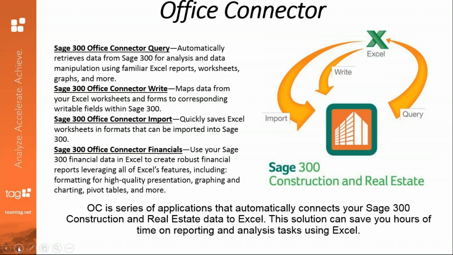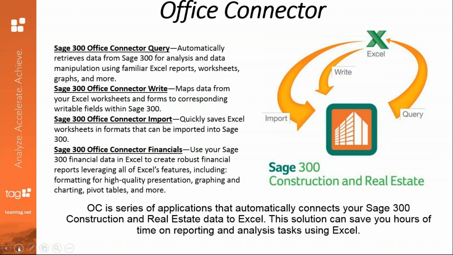The other really cool thing about the Financials is what's called drill down. If you're familiar with inquiries in Sage, you'll remember how if you go into an inquiry and double click on a value, it drills down into the next level of detail. In the Financials, there's a little symbol to the right of each cell, and when you double click on that cell, it drills down into the values.